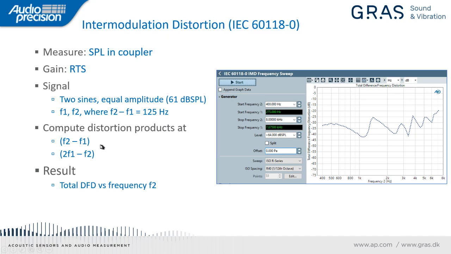And in this case, there are just 2 distortion products, F2 minus F1 and 2F1 minus F2. And the result called out in the standard is the total difference frequency distortion versus frequency F2. And as shown here on the right, we've added a special measurement in APX to do this IEC 60118 Part 0 IMD frequency sweep.